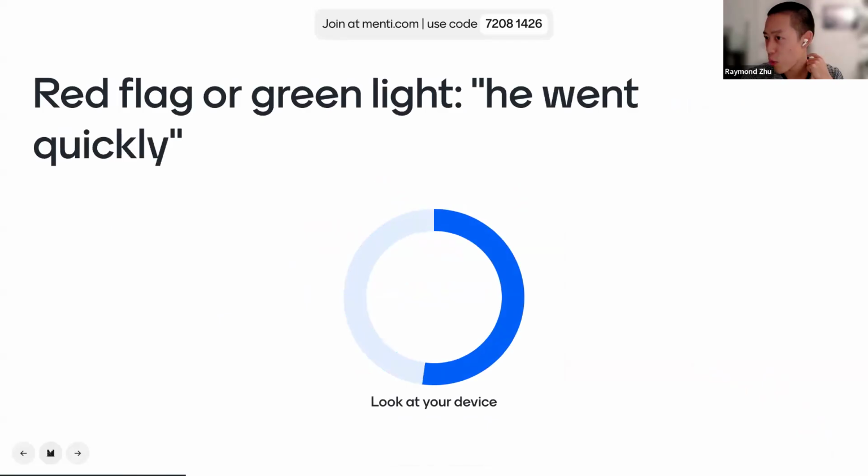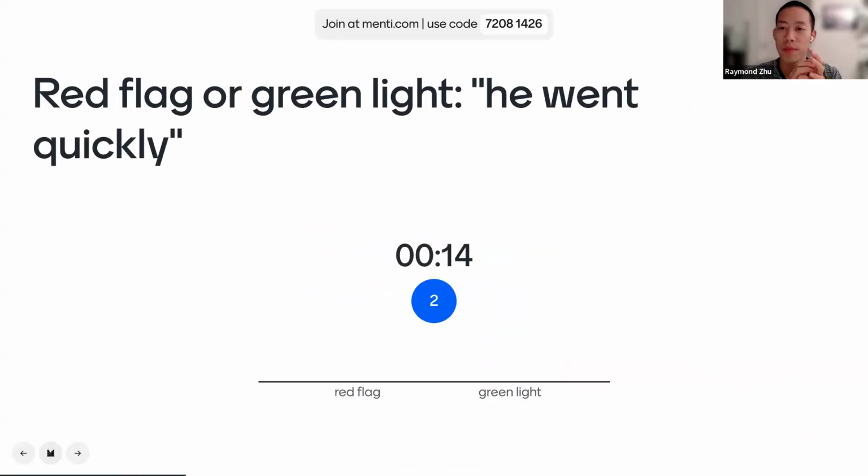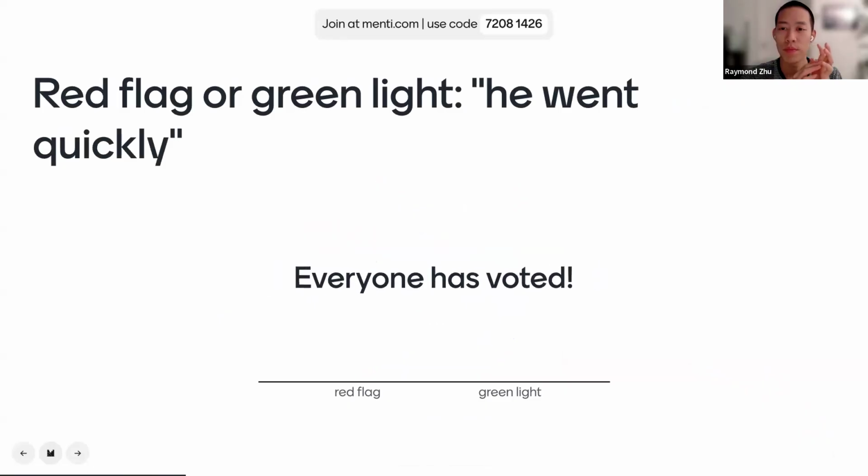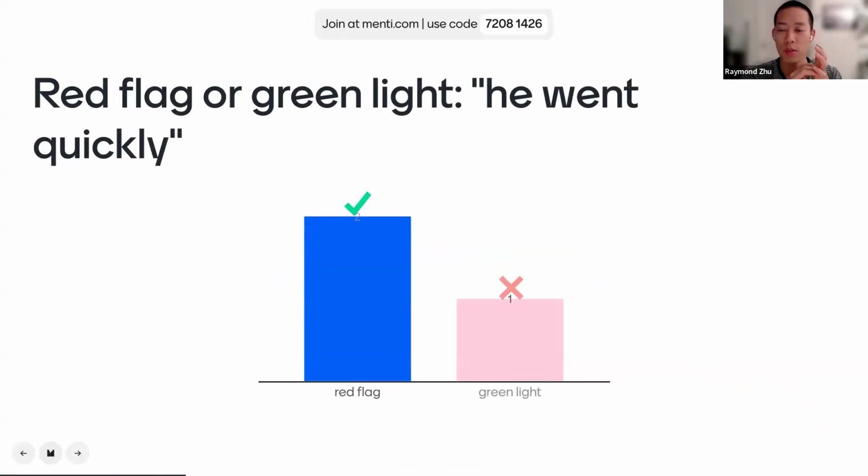So red flag or green light: he went quickly. Oh no, we have one person who thought it was a green light. Somebody who got this right, want to explain why they thought it was a red flag?